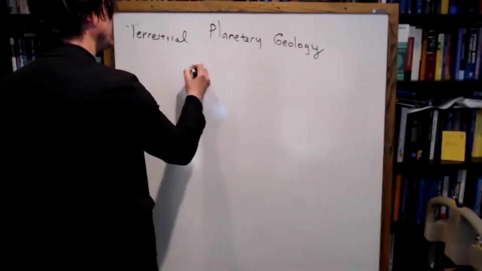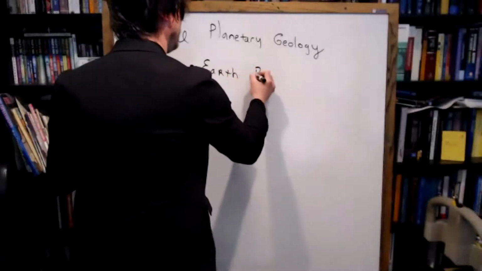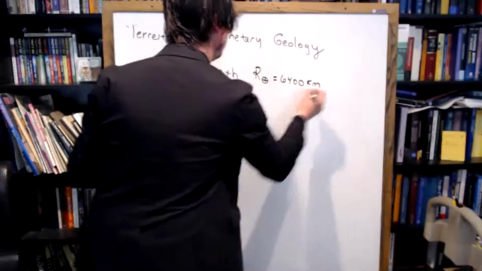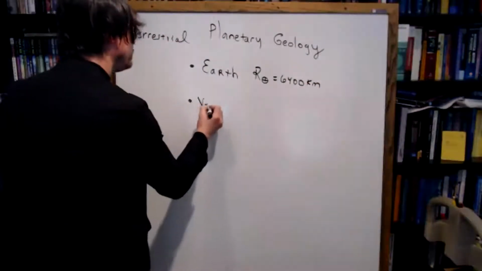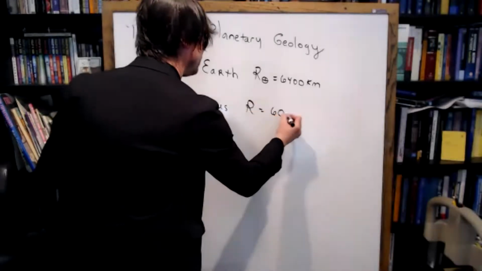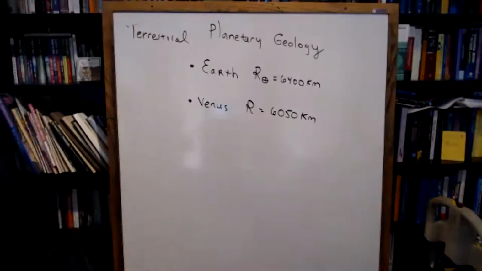So rather than doing their distance from the sun, as I was about to do here, let's instead rearrange this. The largest of the terrestrial planets is our planet, Earth. It has a radius of 6,400 kilometers. The next largest is our sister planet, Venus. Venus has a radius of about 6,050 kilometers.